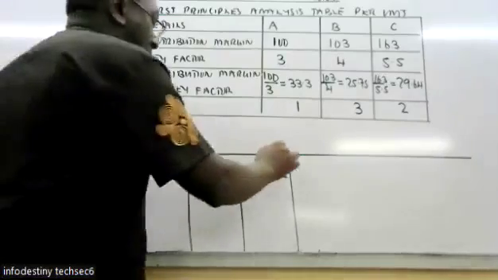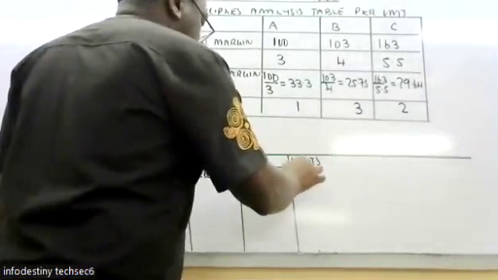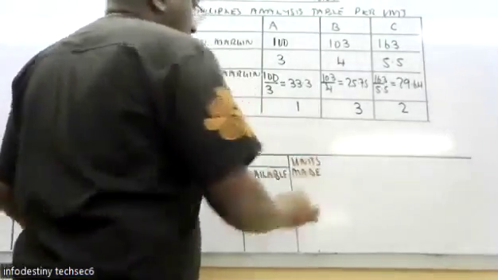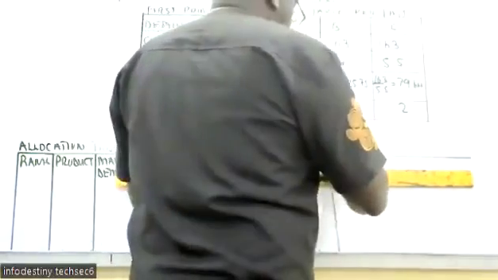After that, we have units made or produced. Then tena tunarudi kwa key factor again hapa.